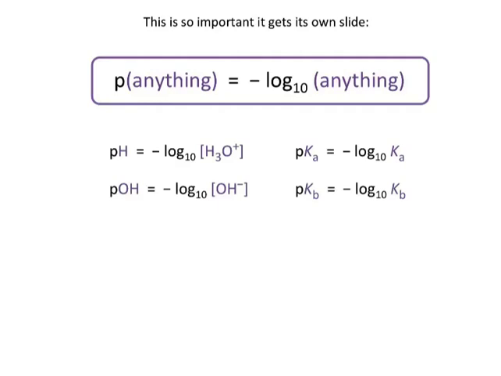You can say pKa, pKb, and that's really nice because then you don't have to talk about 1.76 times 10 to the negative 5th. You can just say 4.76 or something, right? It's much easier to talk about. But again, remember, P anything equals the negative log base 10 of anything.